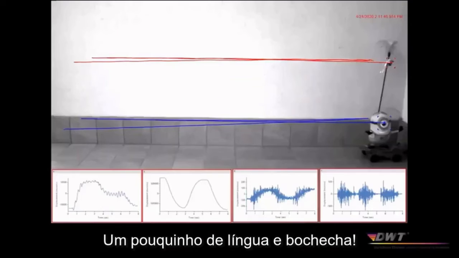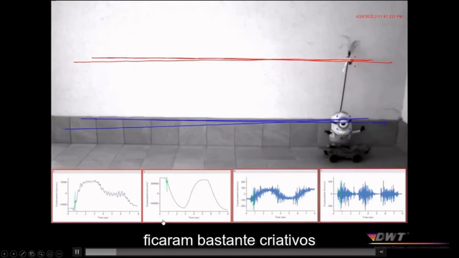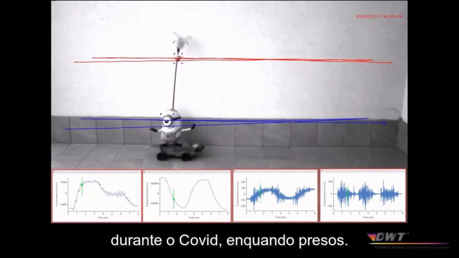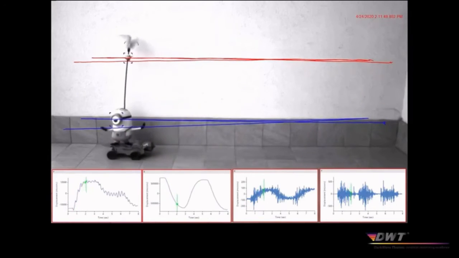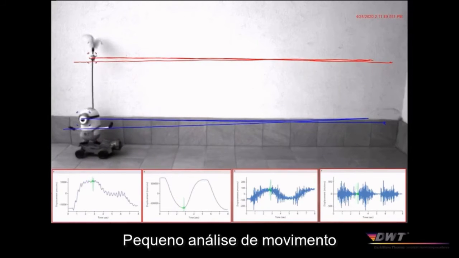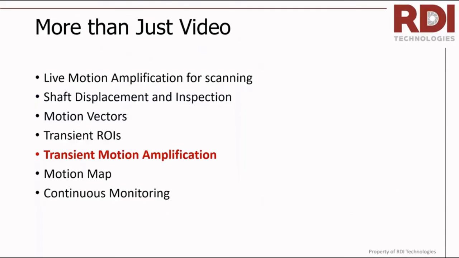And then just a little bit tongue in cheek here, some of our partners got pretty creative during COVID when they were locked up, with clever little motion analysis. You can pull out your Roombas and measure them.